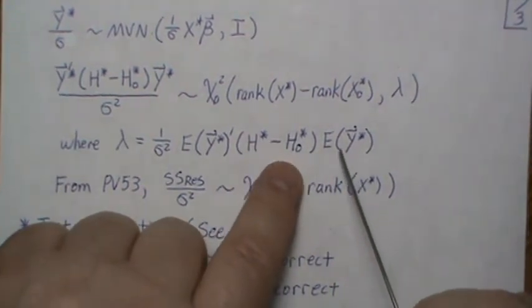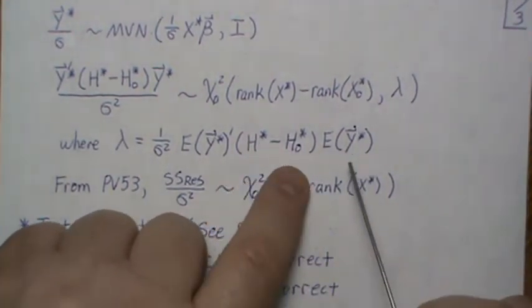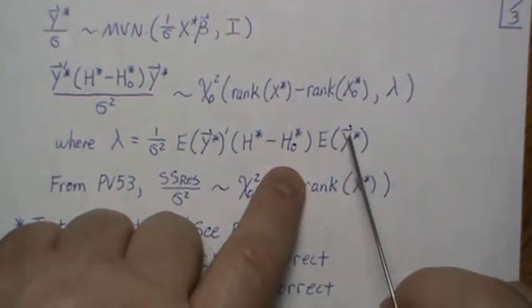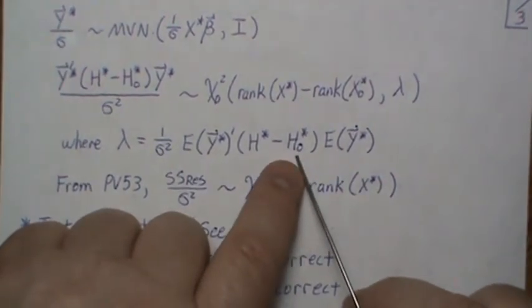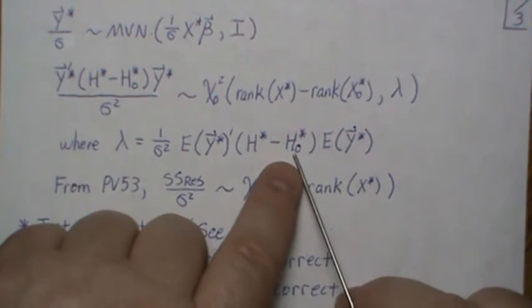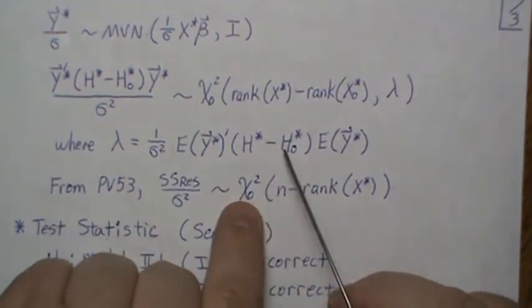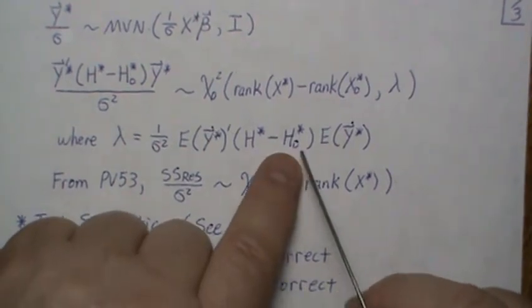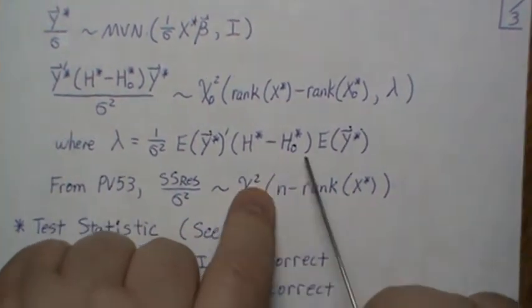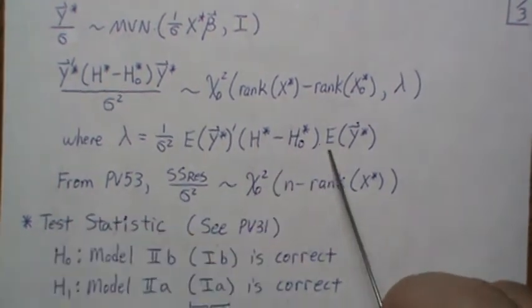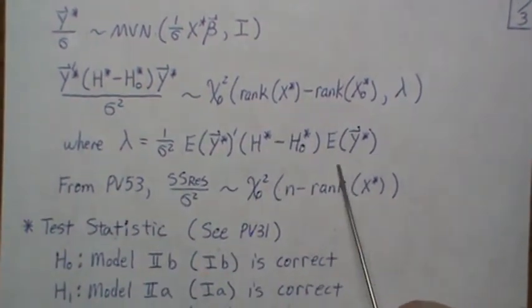And so the only way for this to be zero is if this vector here is in the column space of X naught star, which says that it projects it into this but perpendicular to this. And the only way that can happen is if this is in the column space of that, and then it ends up being zero.